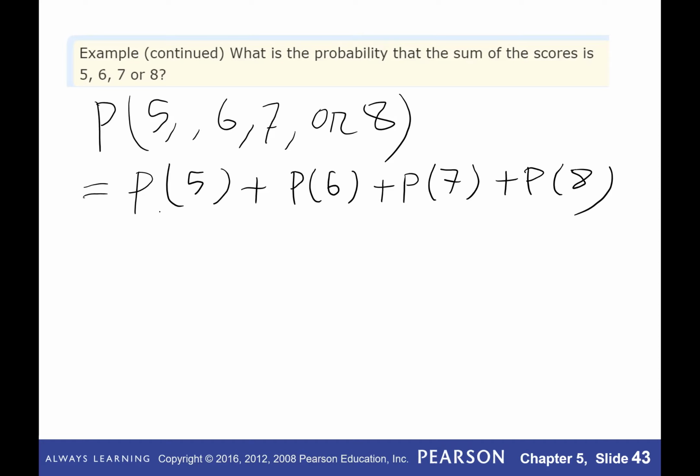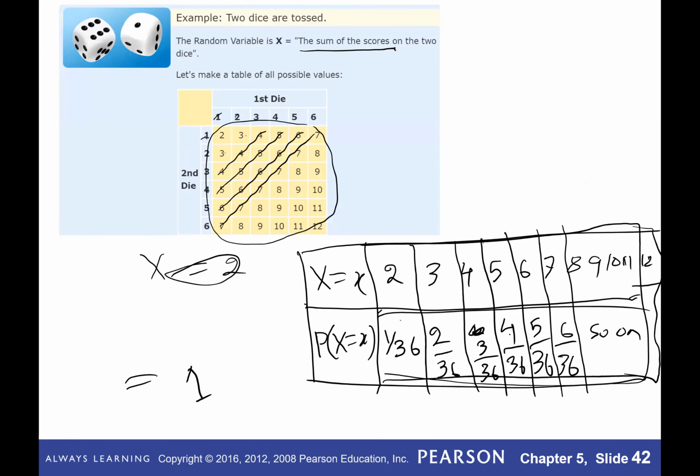Or you can also write this as the probability of x equal to 5, 6, 7, or 8. And here you can write x equal 5, x equal 6, x equal 7, and x equal 8. So what is the probability when x is 5?